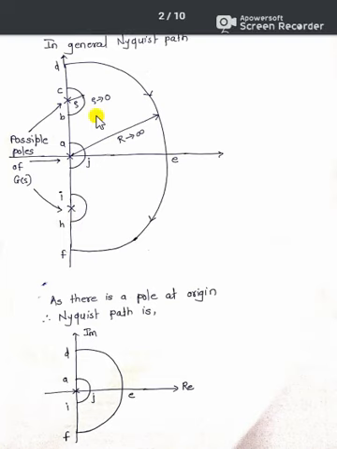So this is the general Nyquist path, where it goes from A to B, B to C, C to D, D to E, E to F, F to H, H to I to J, and then again it goes back to A. So this is the general Nyquist path.